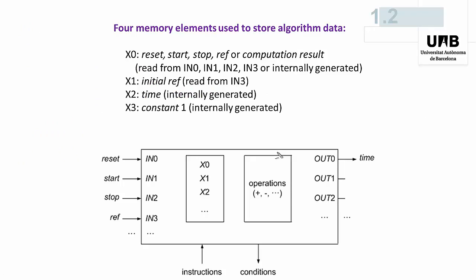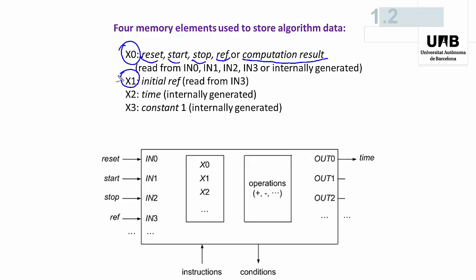In this case, we will use 4 memory elements. X0 will store either reset, start, stop, reference signal, or some computation result. Reset, start, stop, and ref are read from input port 0, 1, 2, and 3, and the computation result is internally generated.